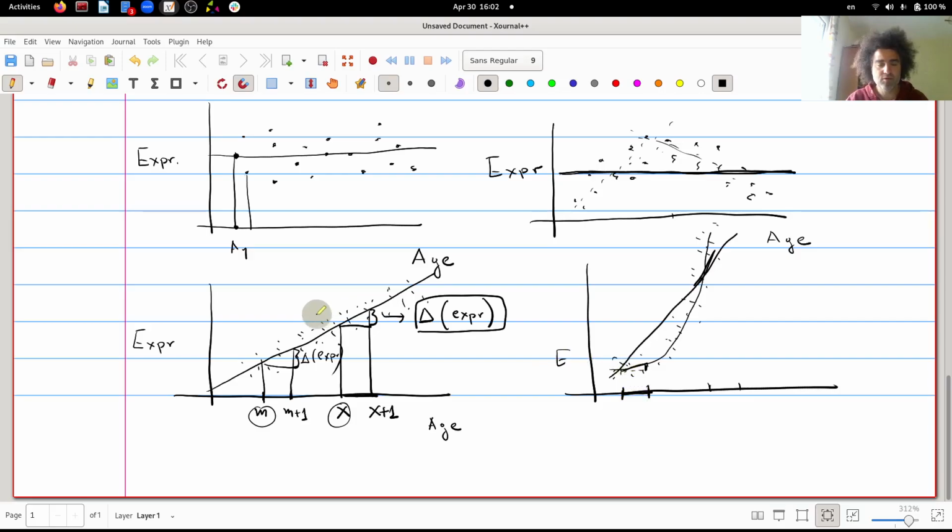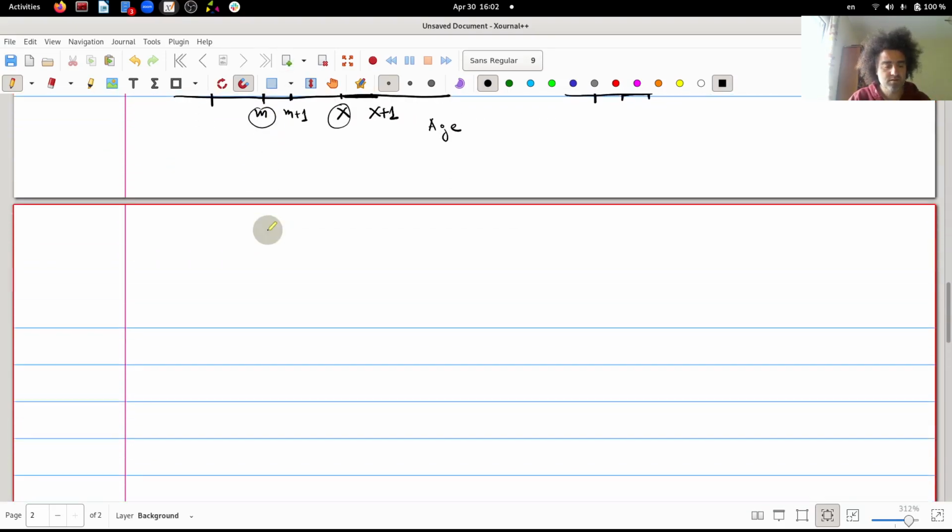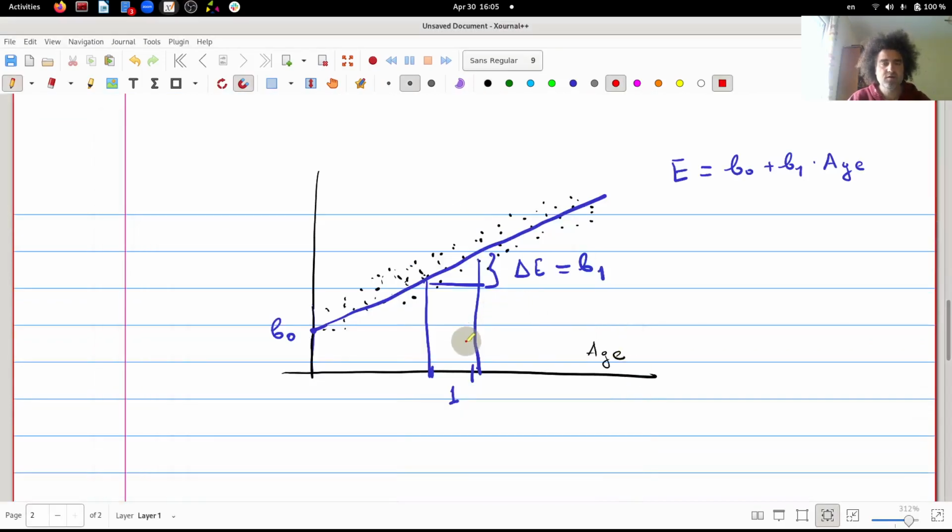Okay, we will focus on simpler cases that follow this example just to explain in more detail how we fit the linear model. Now if we have this data, the black point is our expression measurement.